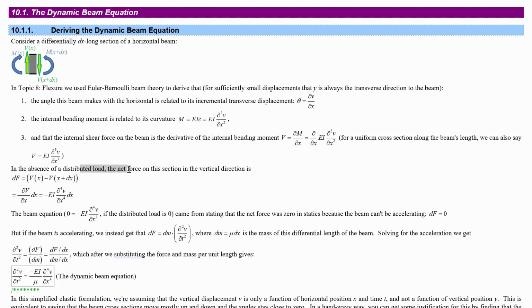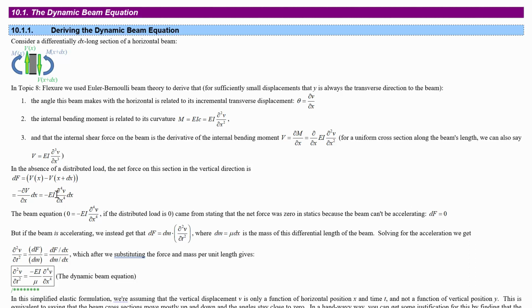If you don't have a distributed load, then the net force on this segment is V up minus V at x plus dx, so V at x minus V at x plus dx, which is negative ∂V/∂x times dx by a linearization as usual. And taking the derivative of V then, we end up with negative EI times the fourth derivative of displacement with respect to x times dx.